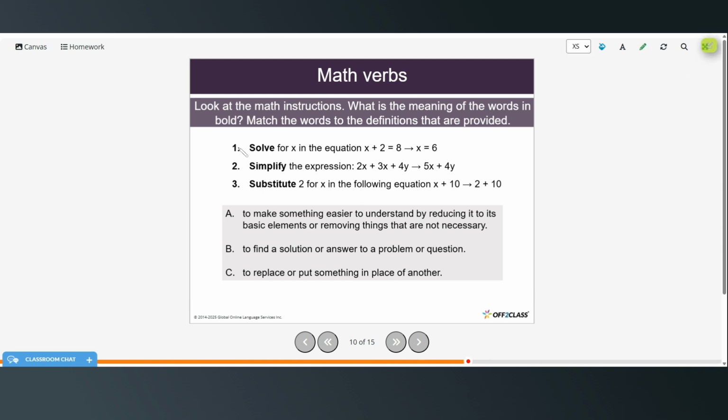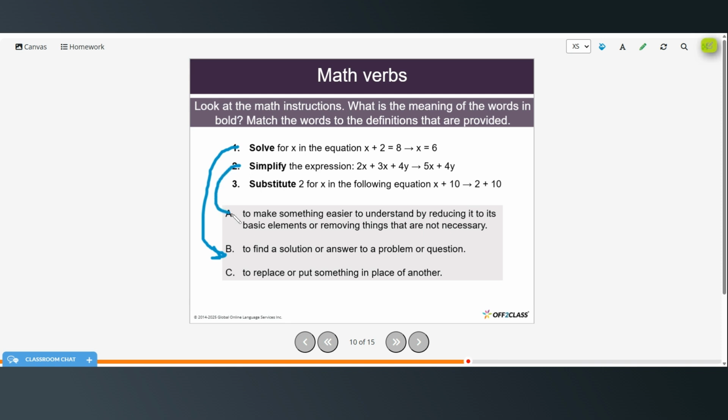Number 2, or letter B, sorry, to find a solution or answer to a problem or question. Number 2, simplify the expression 2x plus 3x plus 4y, and simplified it's 5x plus 4y.